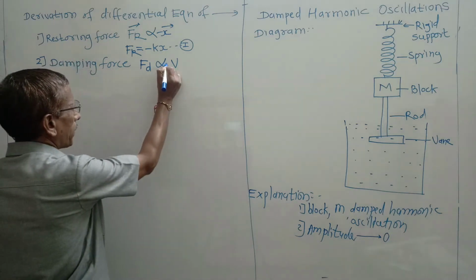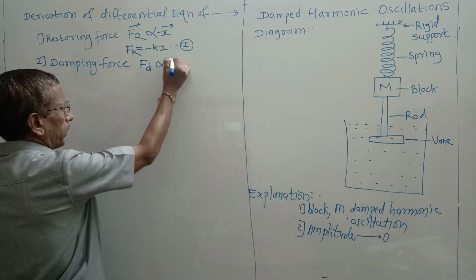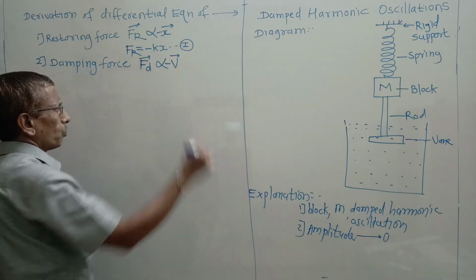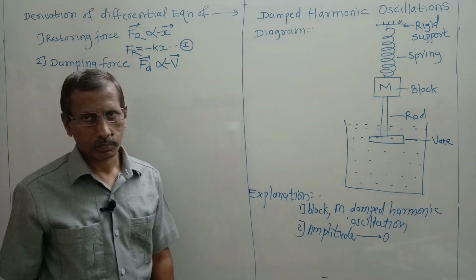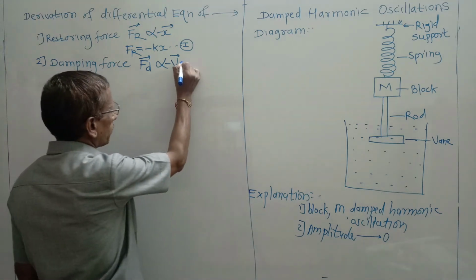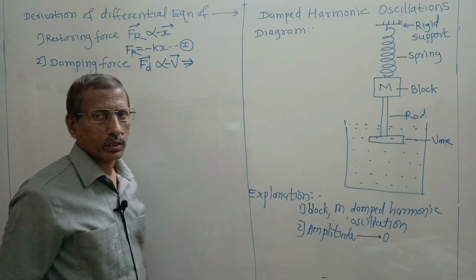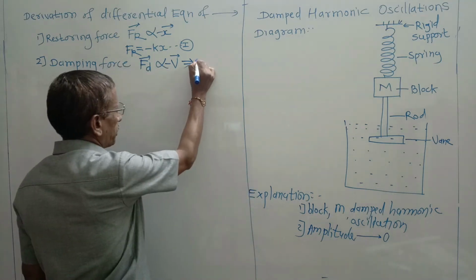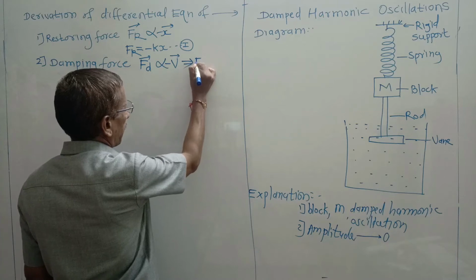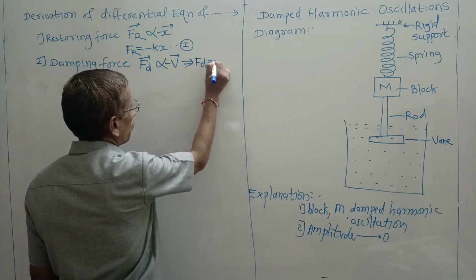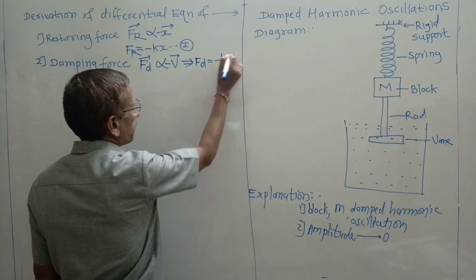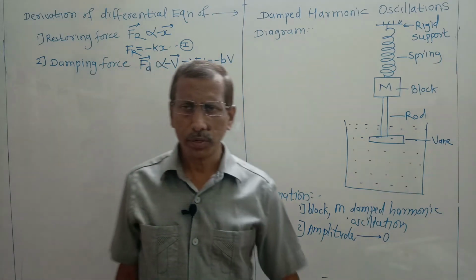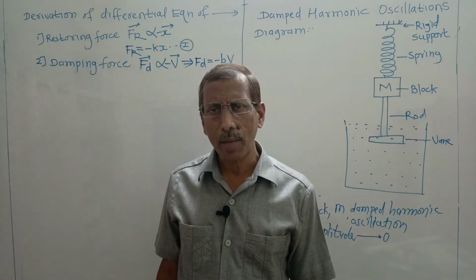So we can write Fd directly proportional to minus v. From this we can write the equation of variation, Fd is equal to minus Bv, where B represents a constant, that is the damping constant.